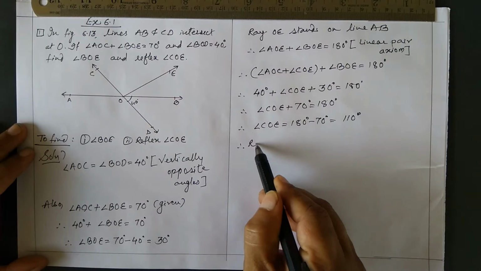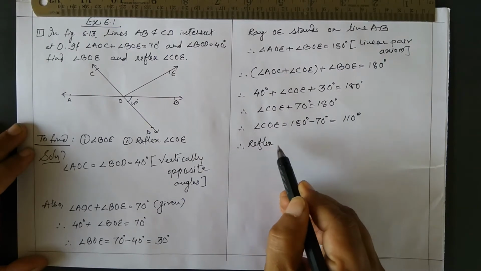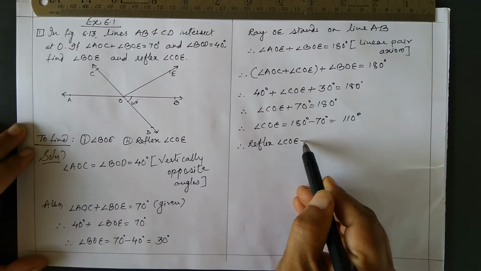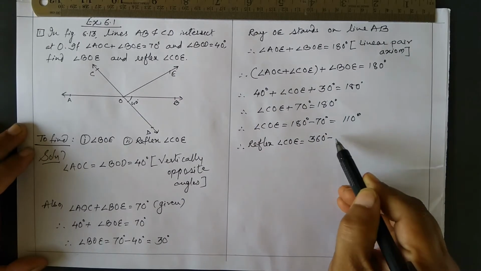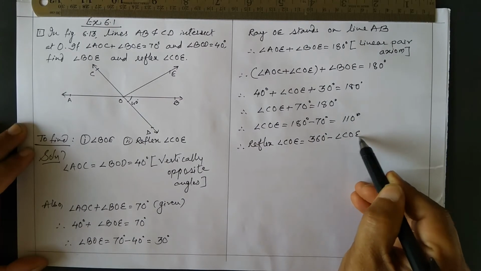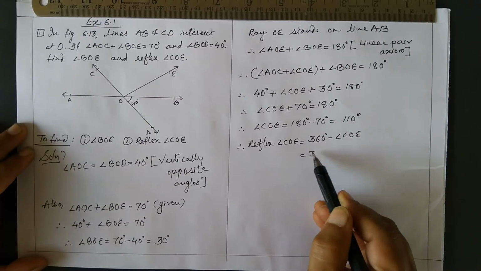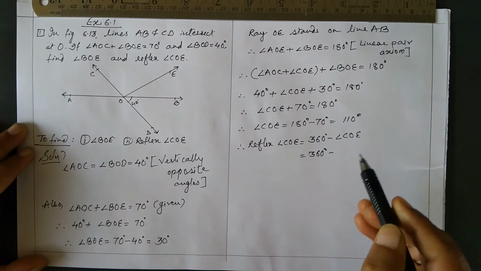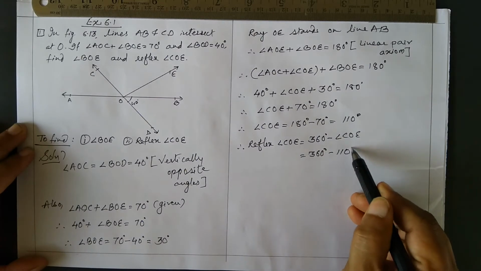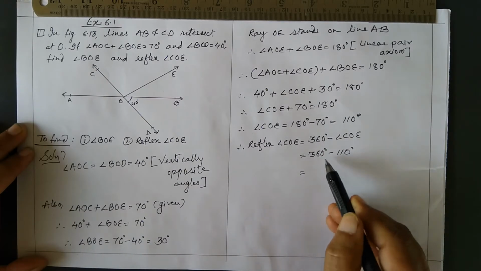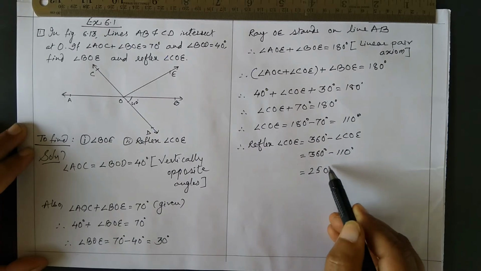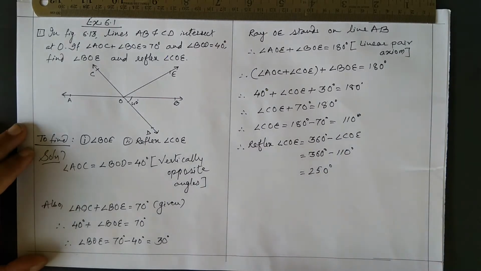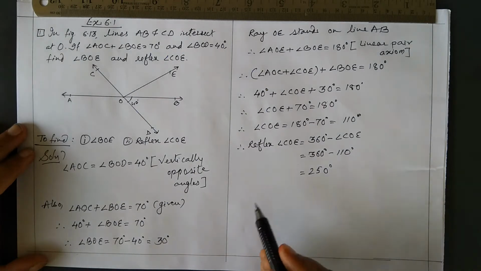This is the measure of angle COE, but our target is reflex angle. Therefore reflex angle COE, how to find? 360 degrees minus angle COE. Now 360 degrees, the measure of angle COE is 110 degrees, we calculated. So therefore the measure of reflex angle COE is 250 degrees.